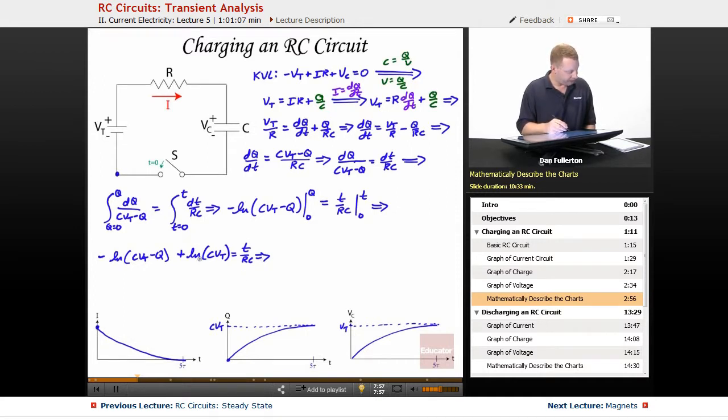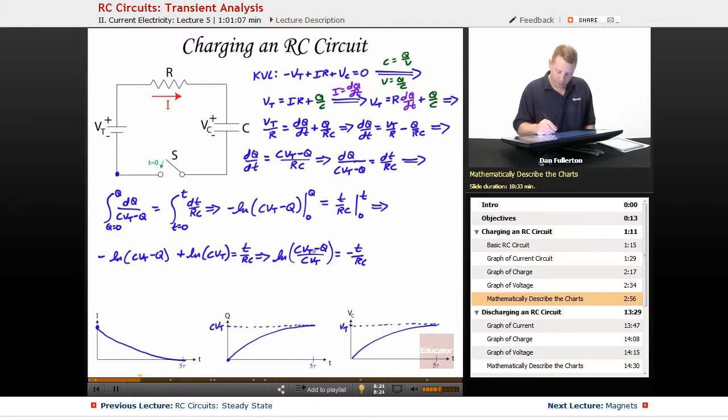Which, if we've got a difference of the logs, log of that plus log of that, we can say that we have the log of CVT minus q over CVT equal to, I'll move that negative sign over here to the right, minus t over RC.